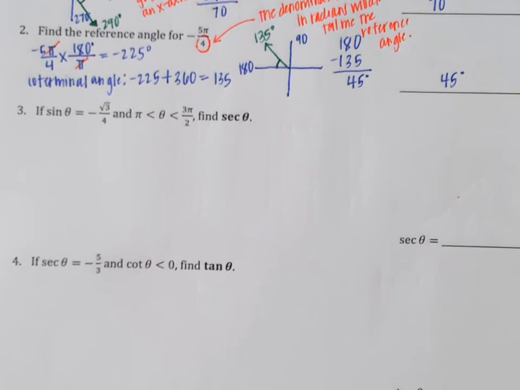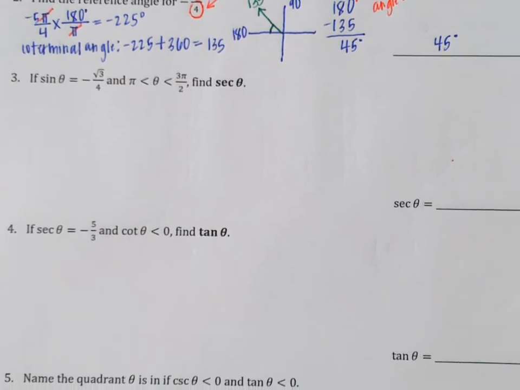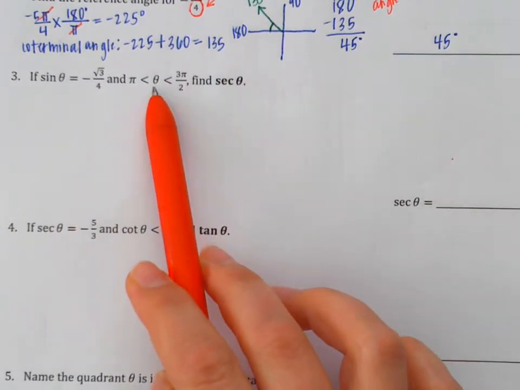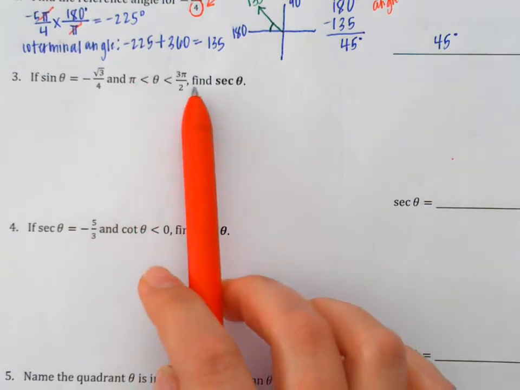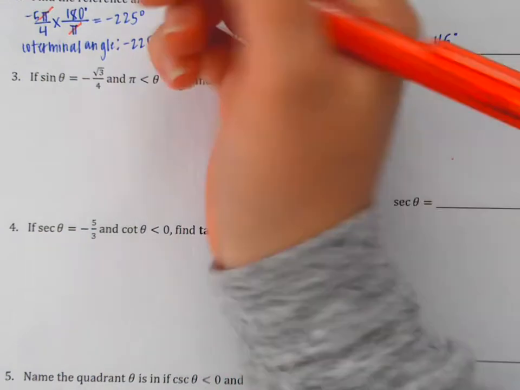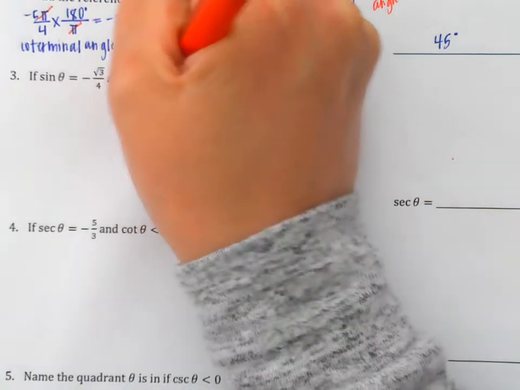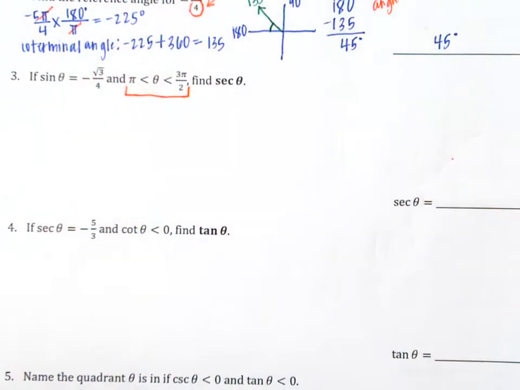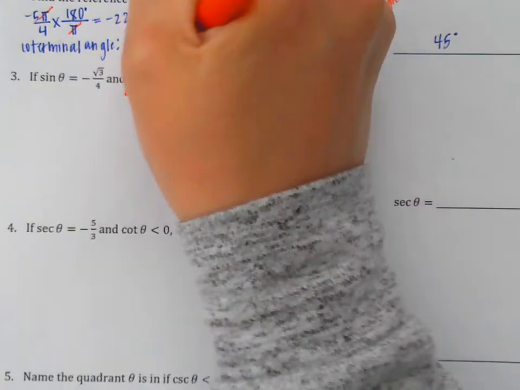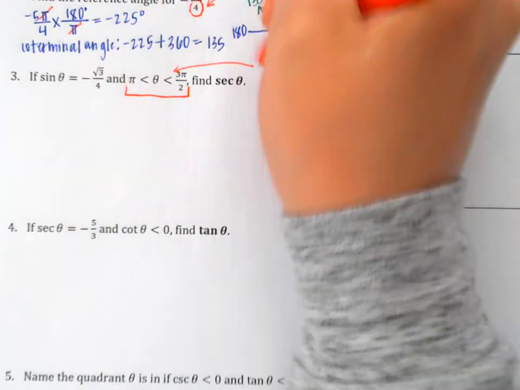Okay, let's try 3. So if sine theta is equal to -rad3/4, and the angle measure is between pi and 3π/2, find secant theta. Now, why is it giving us this information? Well, what it's giving us there is it's telling me what quadrant the angle is in. This is like the whole purpose of this.